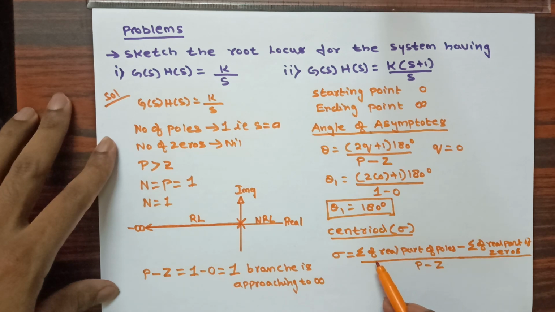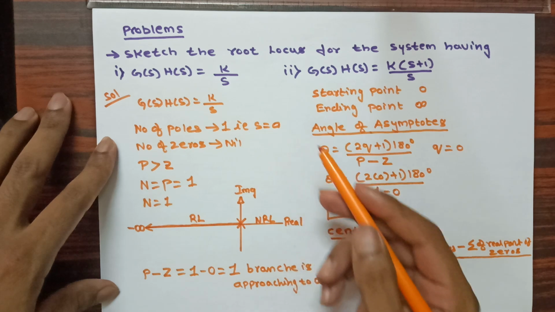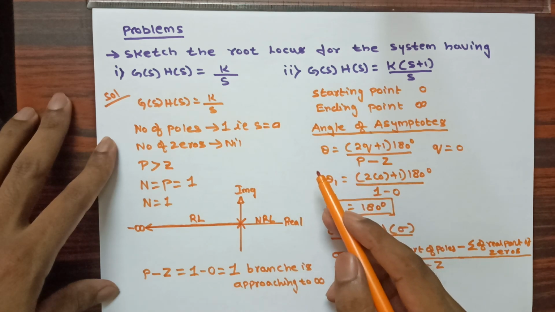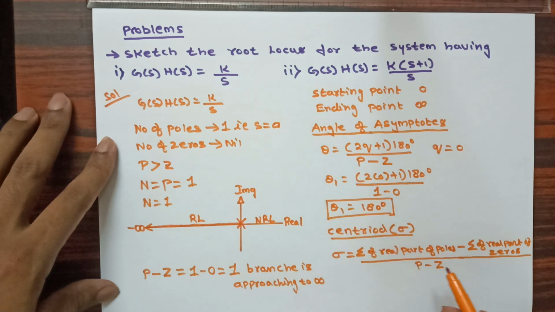Remember, we only take the summation of the real part of poles minus the summation of the real part of zeros. In this problem we have a real value, that is 0 only, and if the problem has a plus jb form, then we consider only the real value a, not the imaginary part.